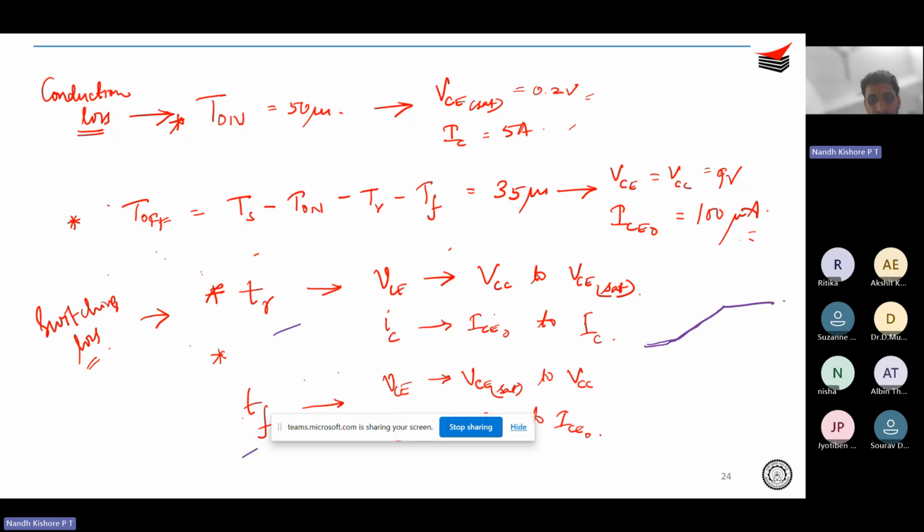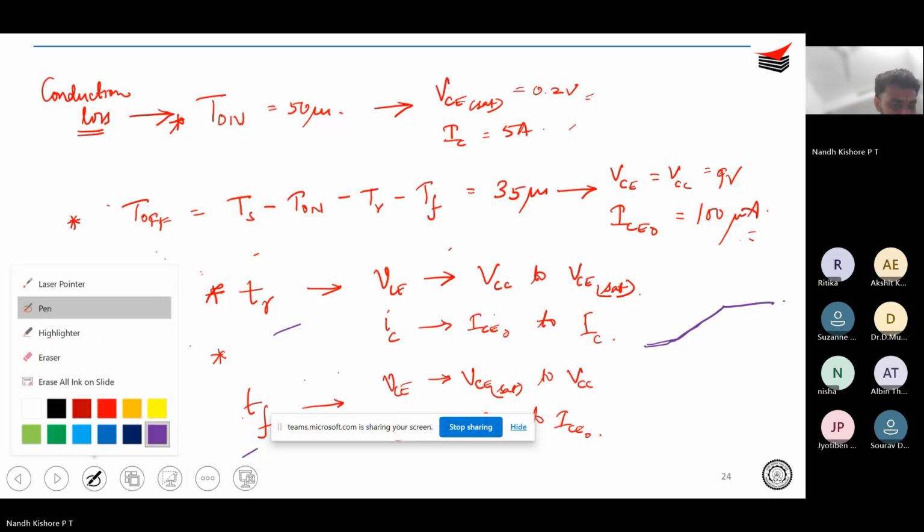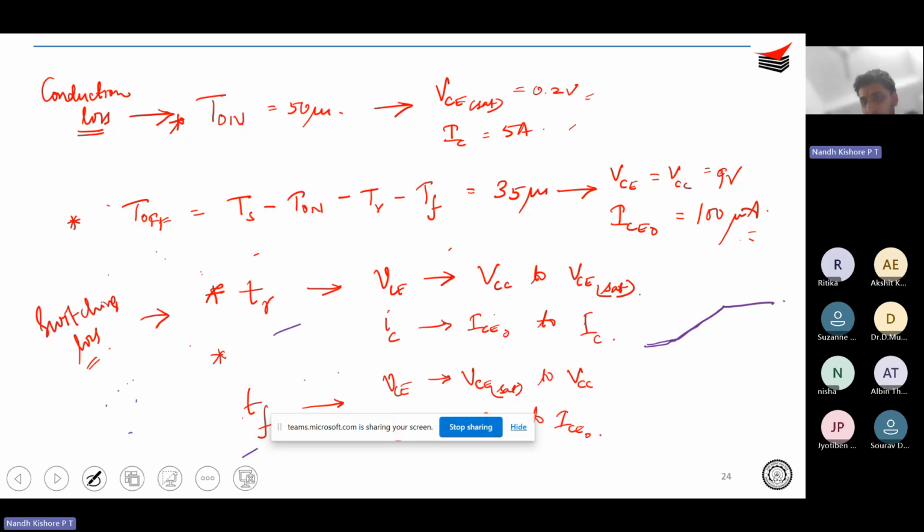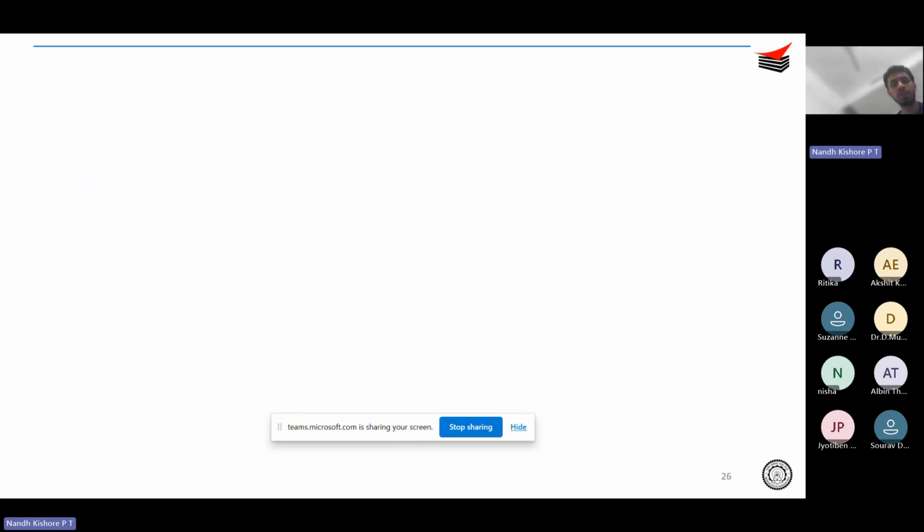And at the same time, VCE decreases from VCC to VCE sat, right? So this is what happens during TR. We need to find out the energy loss during this period as well. Finding out the energy loss is a bit different over here.